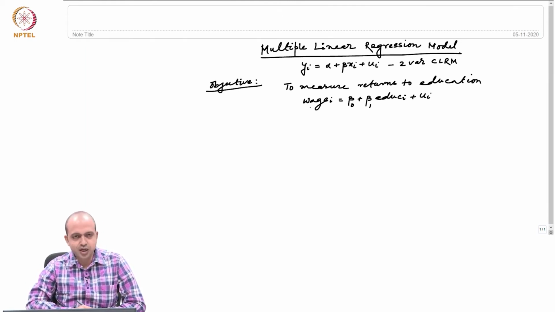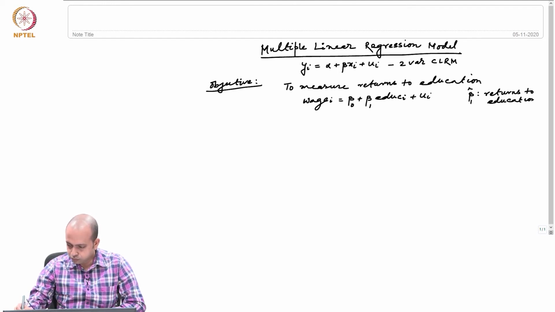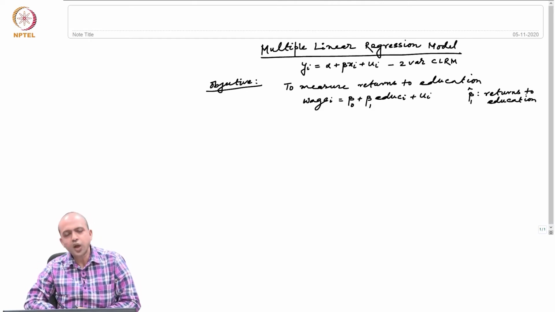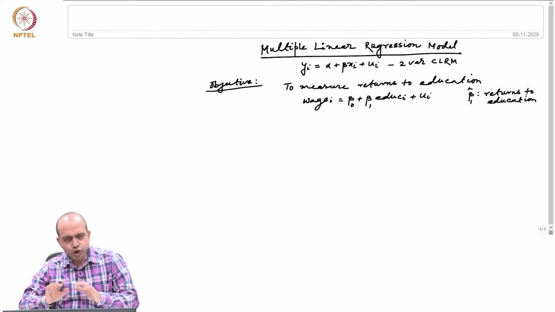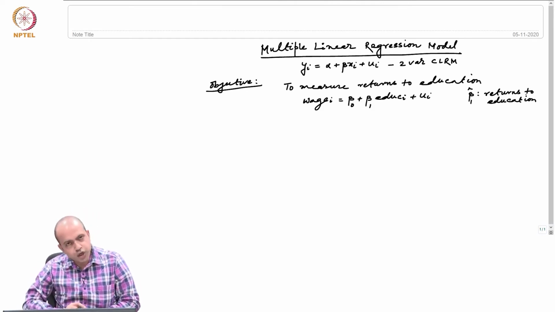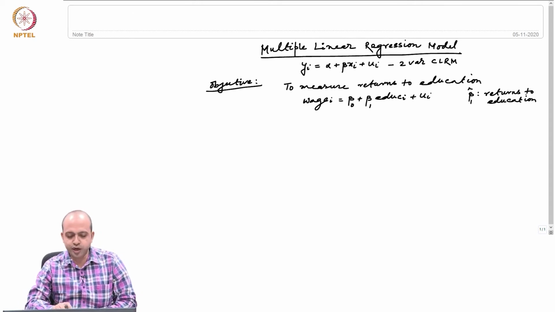So, beta 1 hat will tell you the returns to education. This is the model we have learned so far. This is also a two variable linear regression model, because you have one dependent variable and one independent variable.